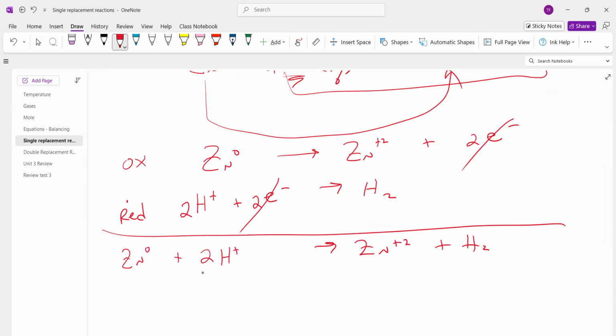Now, H2 is a gas, as you all know, hydrogen gas. So is it balanced? 2 H's, 2 H's, 1 zinc, 1 zinc. Now we have to throw in the spectator ion, which was the chloride.